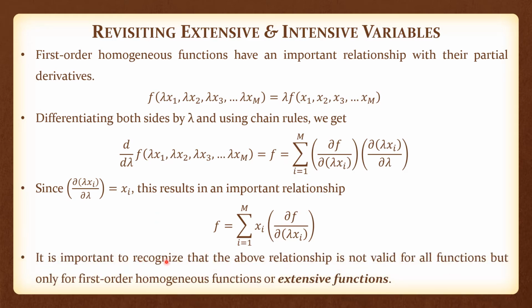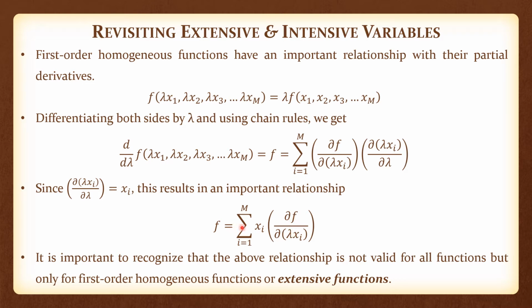Before we proceed any further, it is important to recognize that the above relationship is not valid for all functions, but only for first order homogeneous functions. Homogeneous functions of first order are extensive functions. Keep in mind that this f is a function of lambda x1, lambda x2, and so on. I hope you understand this important relationship between the function itself and its partial derivatives.